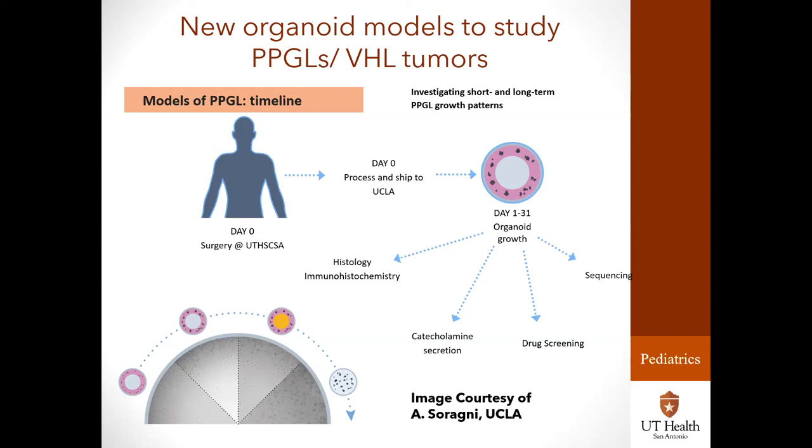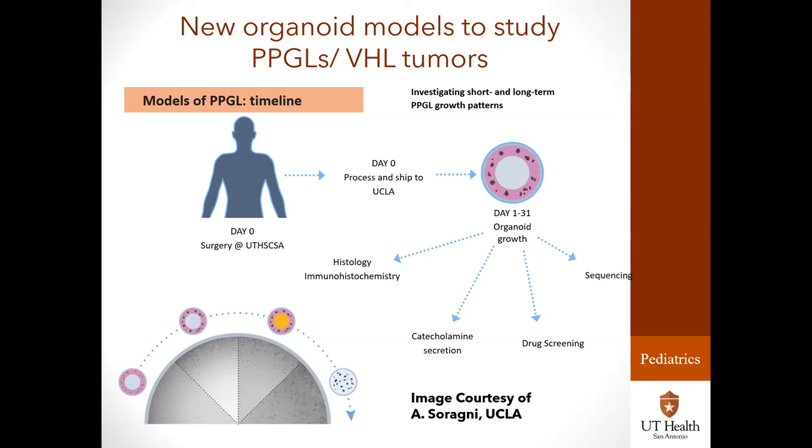We will measure catecholamine secretion on these tumors. We will evaluate the cell composition and the molecular composition of these tumors, as well as make them available for drug screening that could potentially point to new avenues for treatment that are personalized to individual patient organoids. So we're excited about this project nowadays, and we're collecting samples at this point.